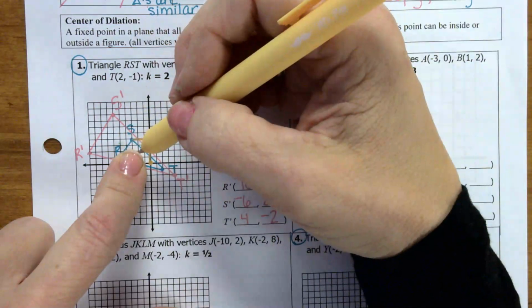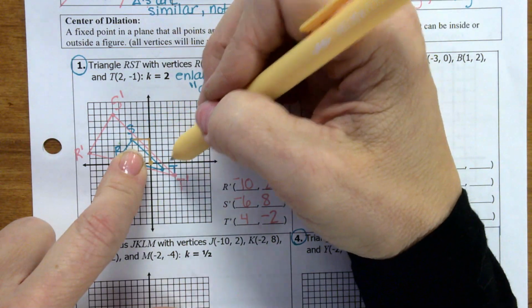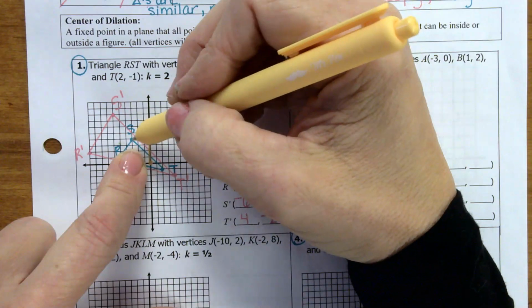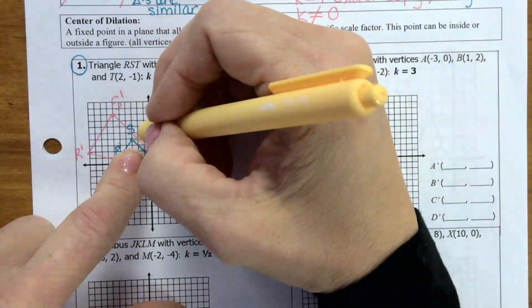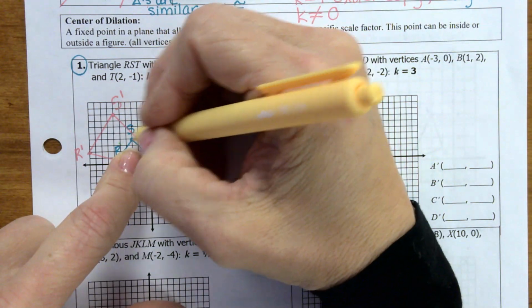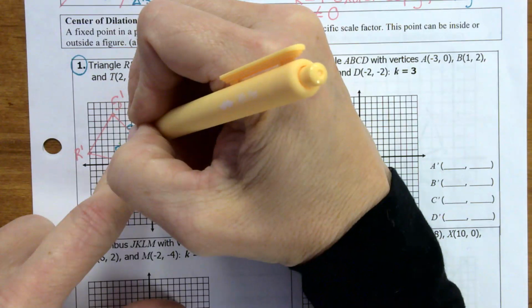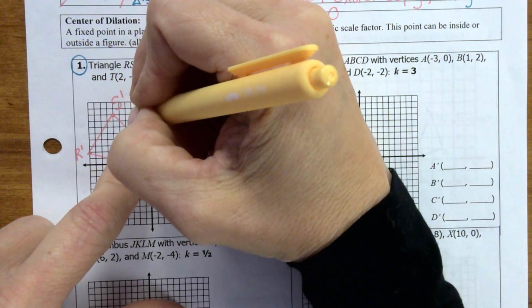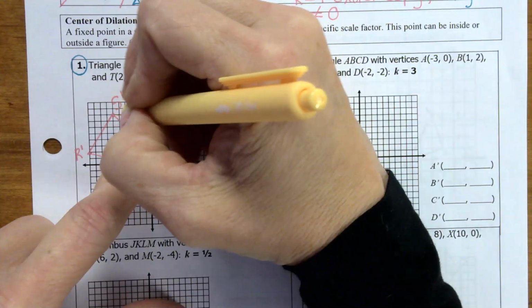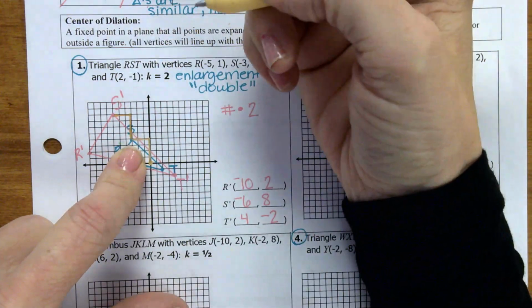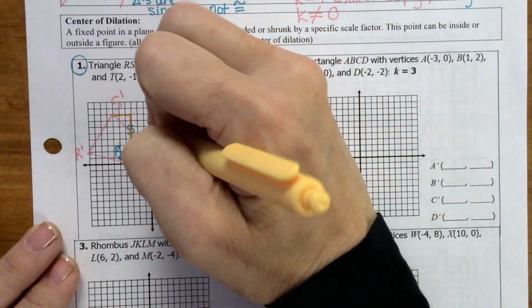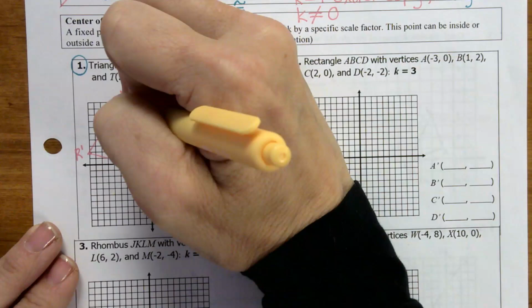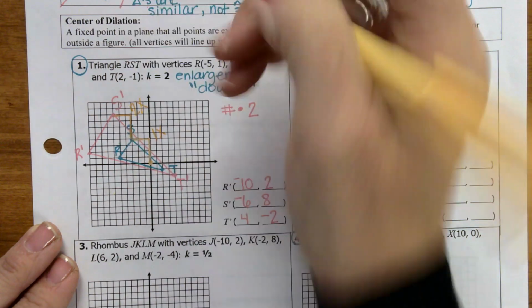Where did I end up? Guys, if I start here and I go up 4 and over 3, where did I end up? At S. Okay, thanks. Now, that was an up 4 over 3. I want you to do it again from here. Up 4 and over 3. Where did you end up? S prime. This is 1 time. This is 2 times.